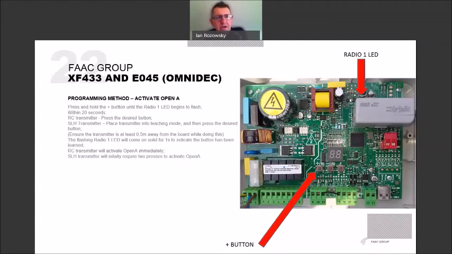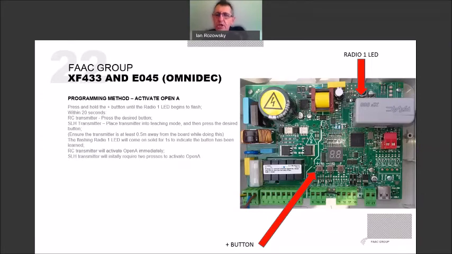So let's have a look now at the XF433 with the E045, which is the basic 240 volt controller. Also Omni-Dec in this case, so it can learn both RC and SLH. In this case, we press and hold the plus button on the control board until the radio 1 LED begins to flash. And then again, within 20 seconds on an RC remote, we press the button we want.